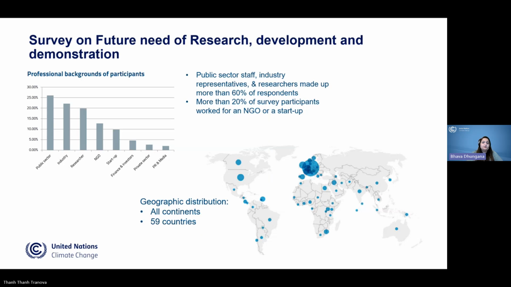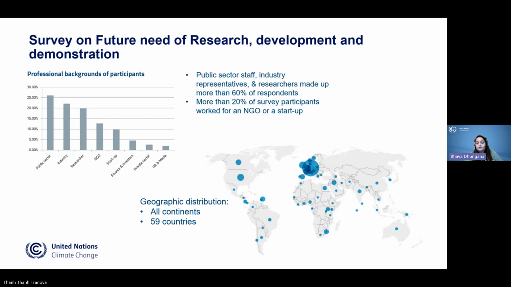Now, to give you a brief overview of the survey on the future needs of RD&D that the TEC had conducted, it was a global survey, as you can see from the graphics here. We got feedback from all continents, which included 59 countries.